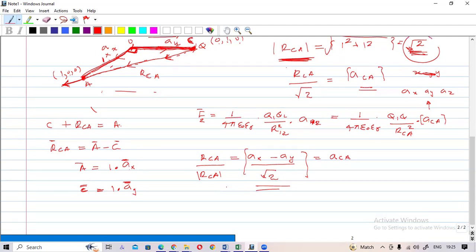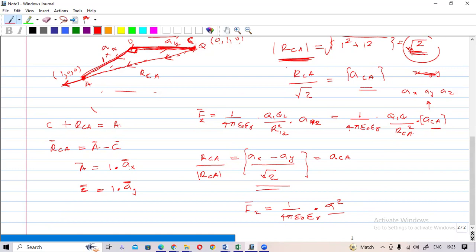So instead of this ACA, you have F2 equal to 1 over 4 pi epsilon naught epsilon R. The charge is Q, so Q into Q is Q square, divided by RCA square. RCA is actually root 2, and this is the magnitude you have to consider.